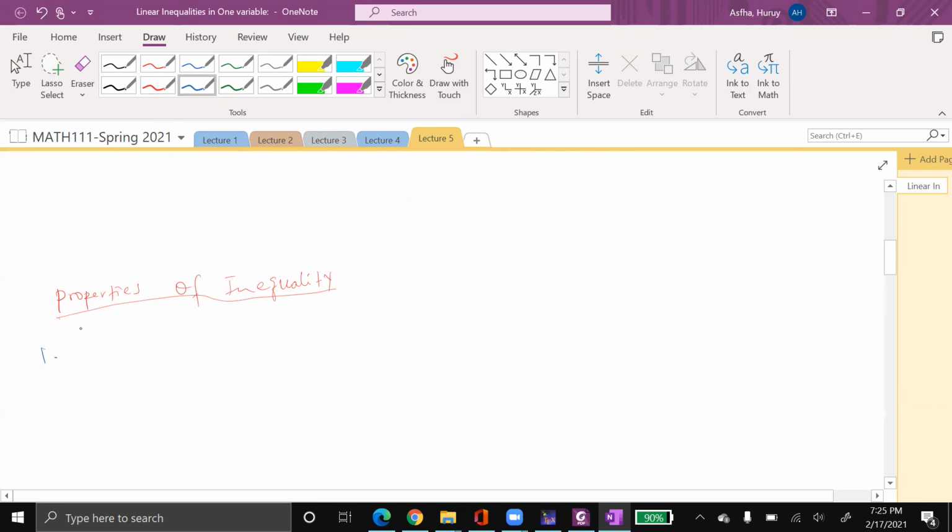The first one is, first, let me write this. Suppose we have arbitrary numbers A, B, and C, and let's say these are real numbers.